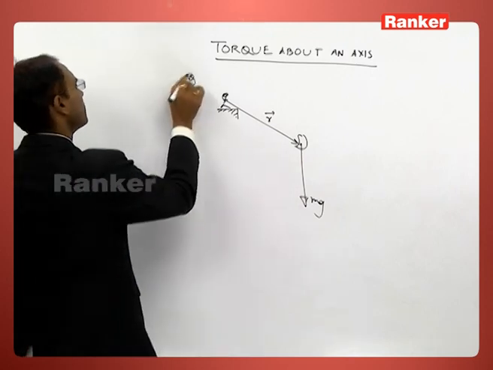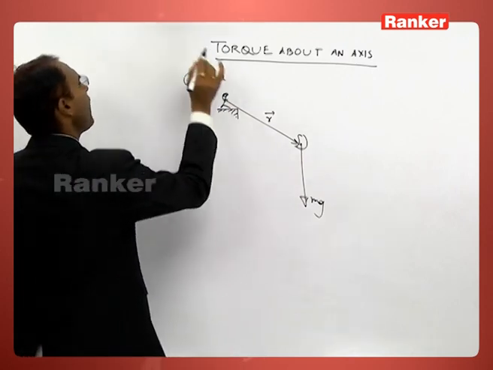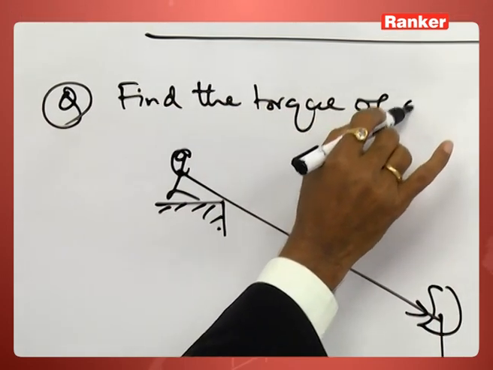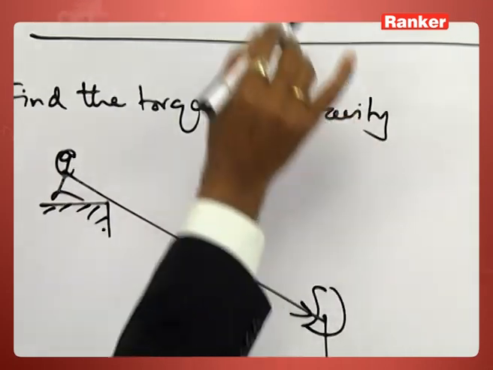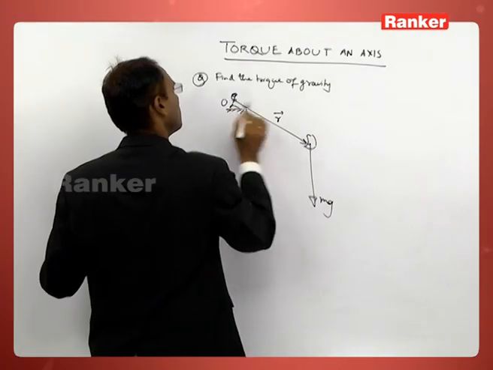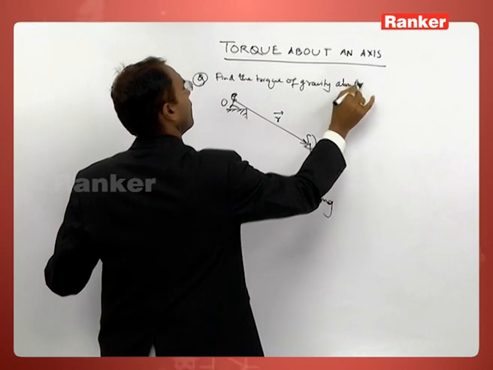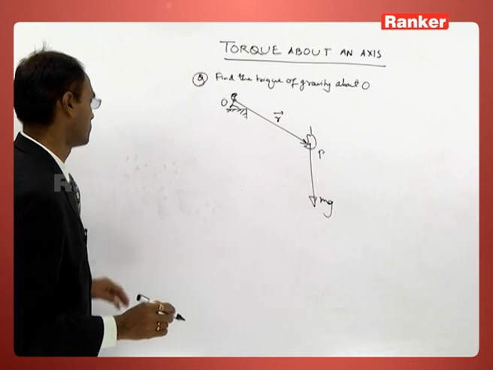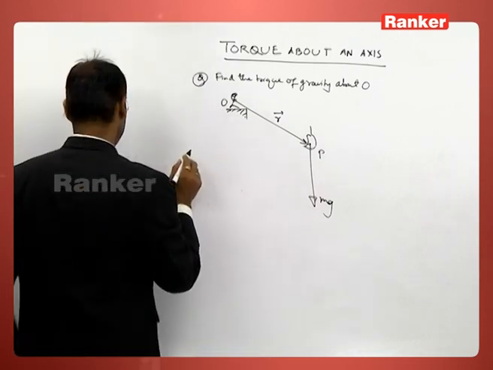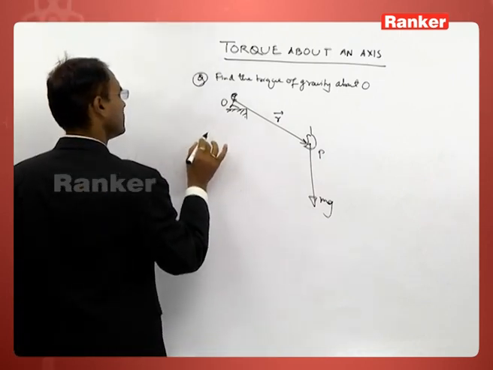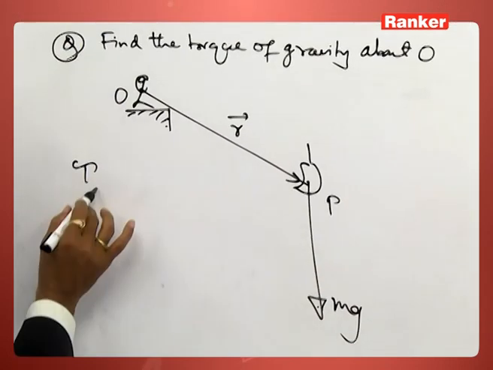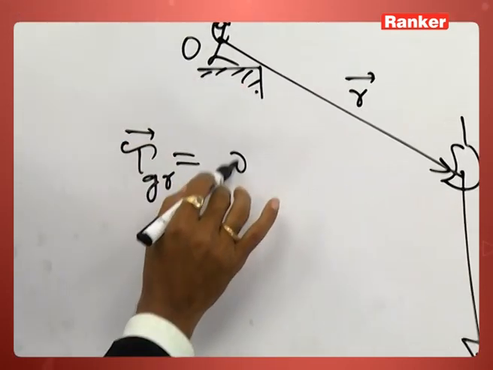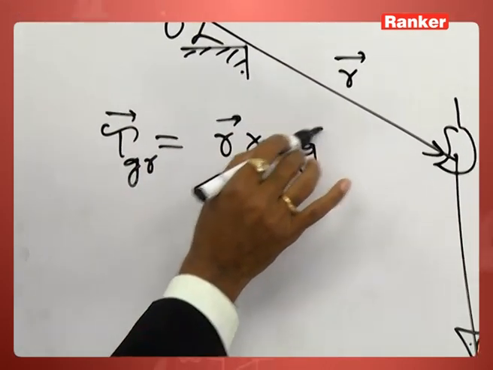The question is, find the torque of gravity about O. The theory says that the torque of this force of gravity about O is given as r cross mg.